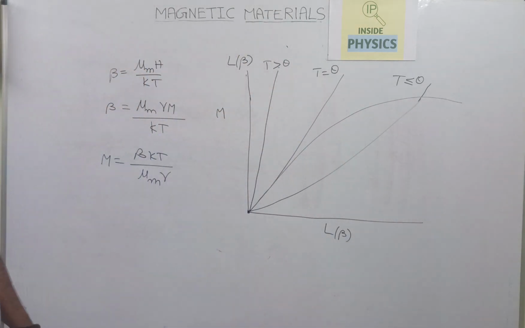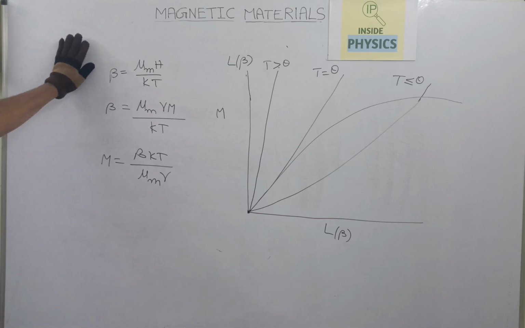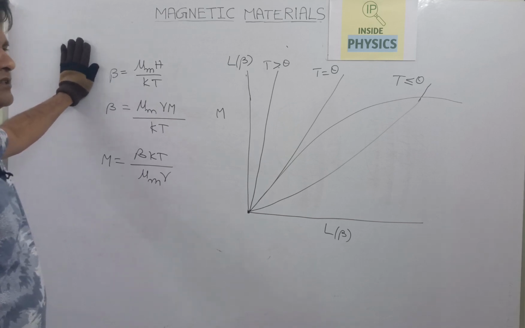We have three variations: when the temperature is greater than theta, equal to the Curie temperature, and less than theta. The curve drawn between the magnetization and Langevin function is named the Langevin curve. So this is the picture of ferromagnetism based on Weiss theory.